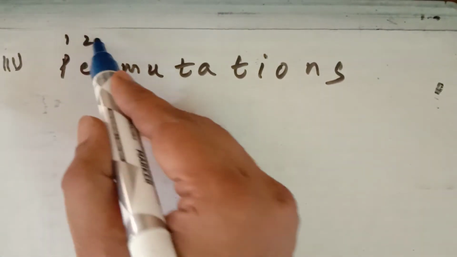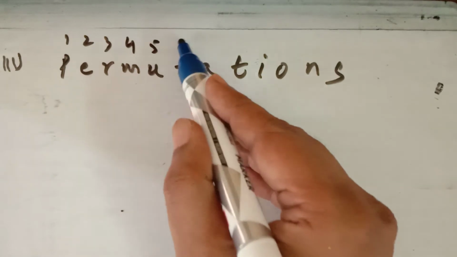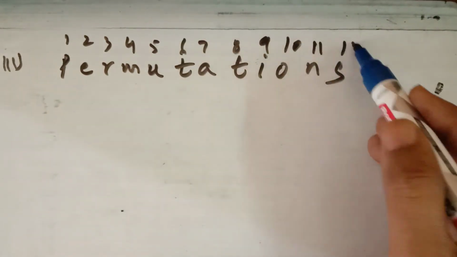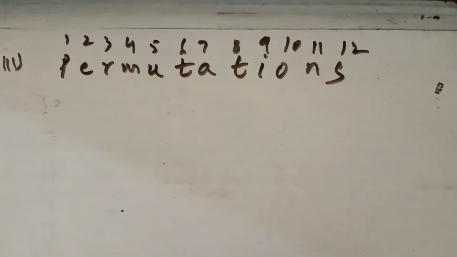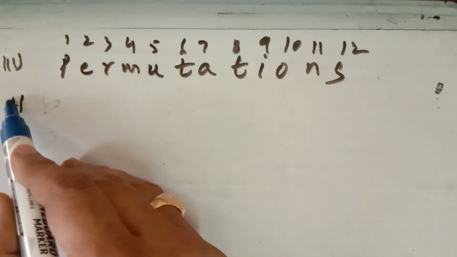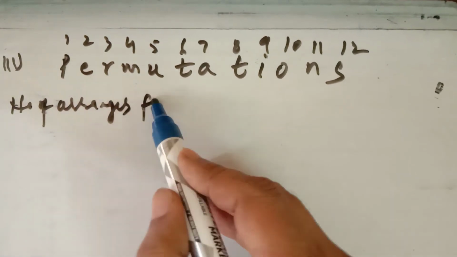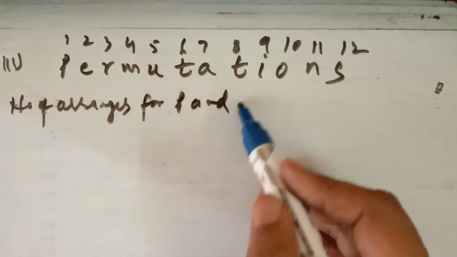It is 1 2 3 4 5 6 7 8 9 10 11 12. There are 12 alphabets. Now you have to find the number of arrangements when there are always 4 letters between P and S. See it very carefully.